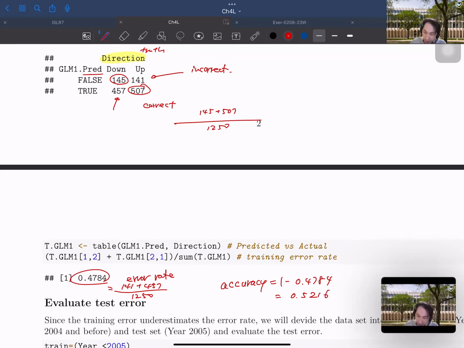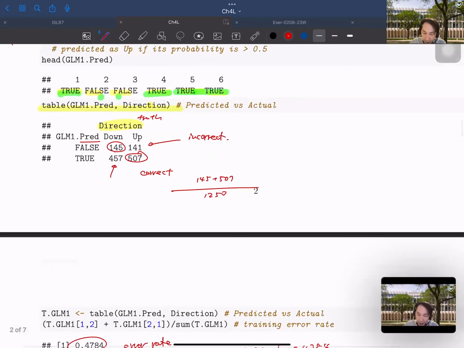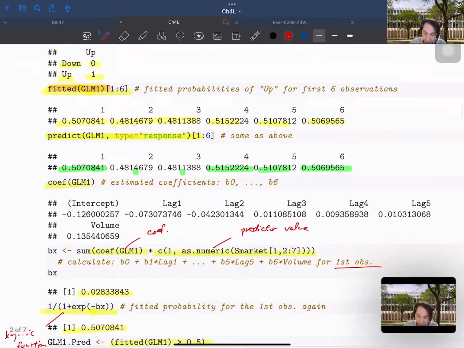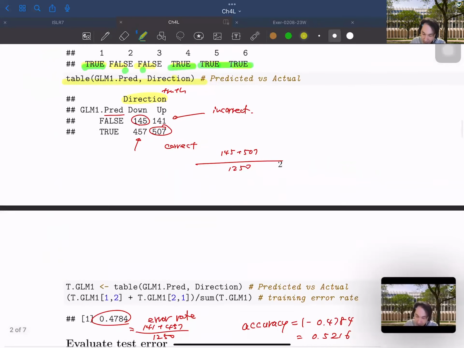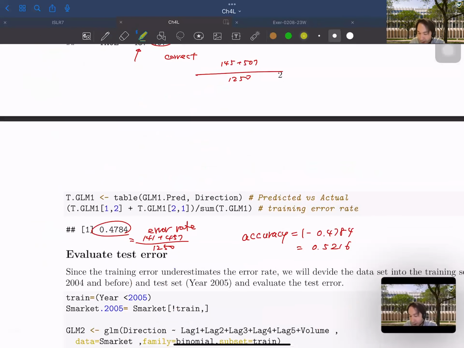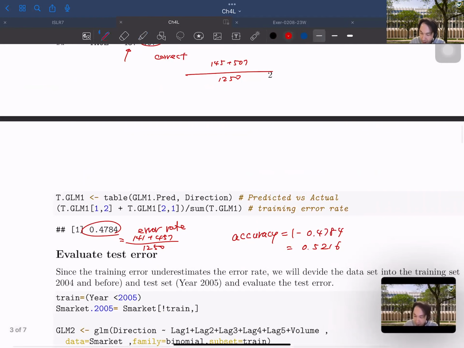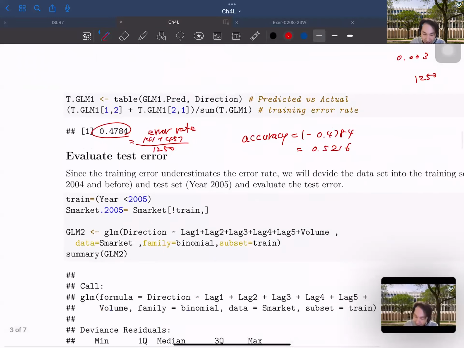So it's slightly better than 50% and also slightly better than the baseline accuracy of 51.8%. But the difference is very small. The difference is 0.003 or 0.004. So 0.003 is 1 in 300, and we only have 1,250 observations. So it's only slightly better.